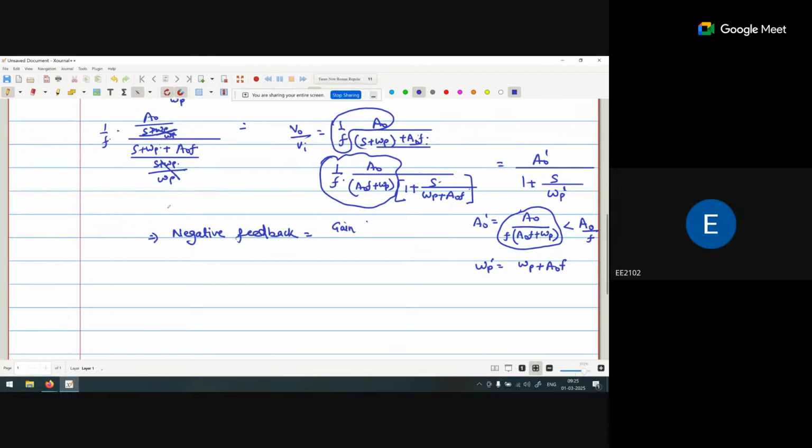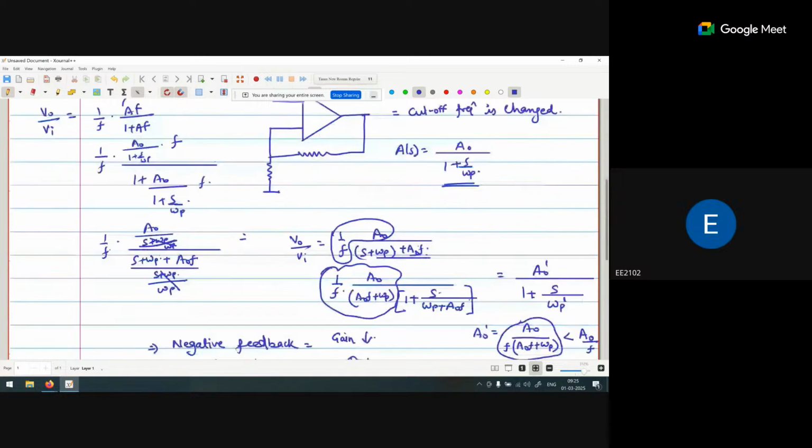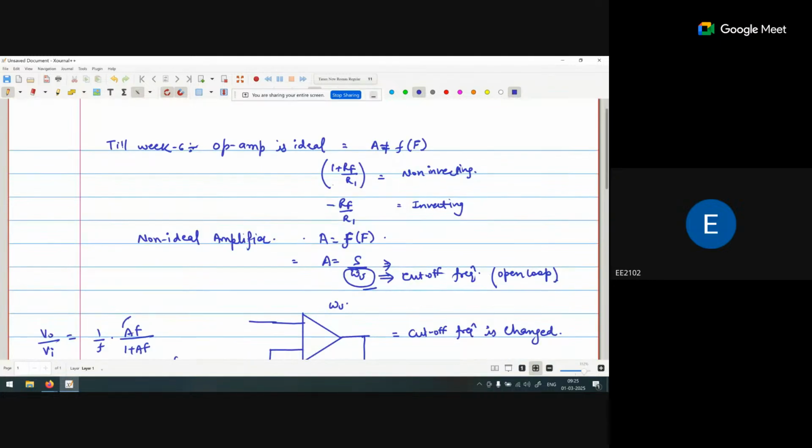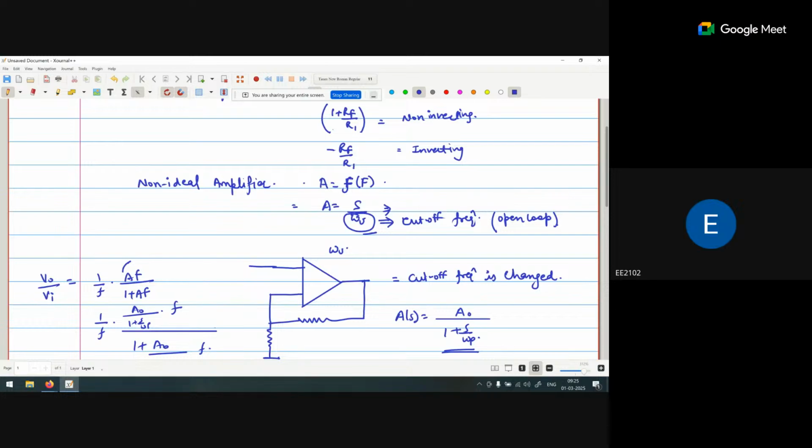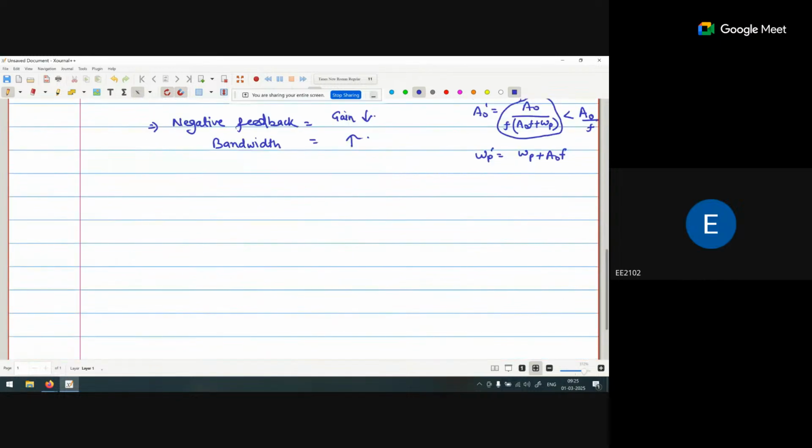One, the gain is reduced, and second, the bandwidth is increased. Similarly, if we are talking about the non-ideal op-amp, where this omega u is the cutoff frequency, now when I apply this operational amplifier in negative feedback, my cutoff frequency omega u will be increased by this feedback gain factor. Okay, so we discussed this thing.